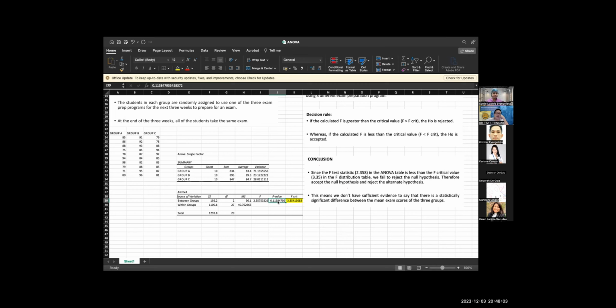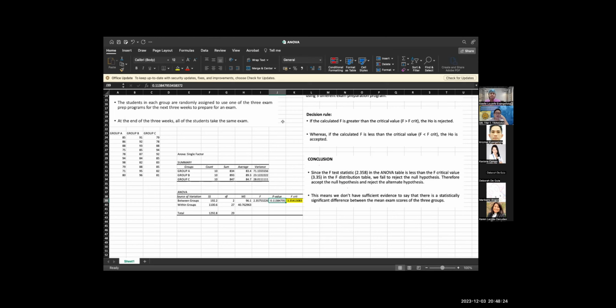Outside or inside? Inside. So again, you are going to accept the null, the proposition that the study program is worthless. So even if you don't use the study program, the results will still be the same.